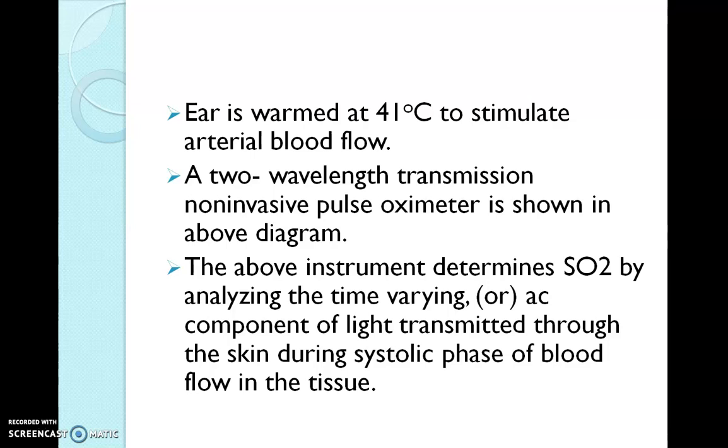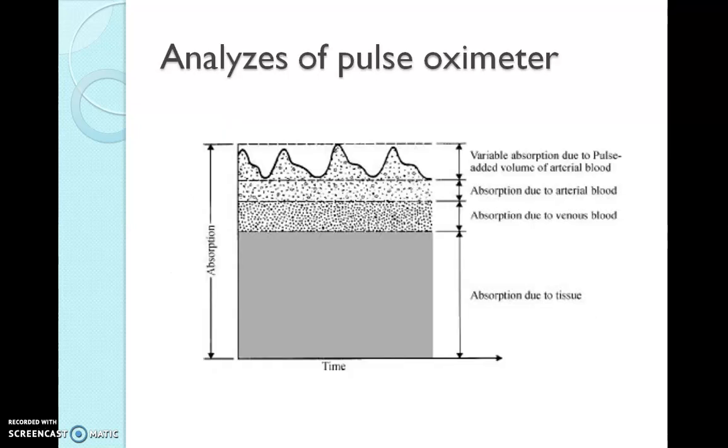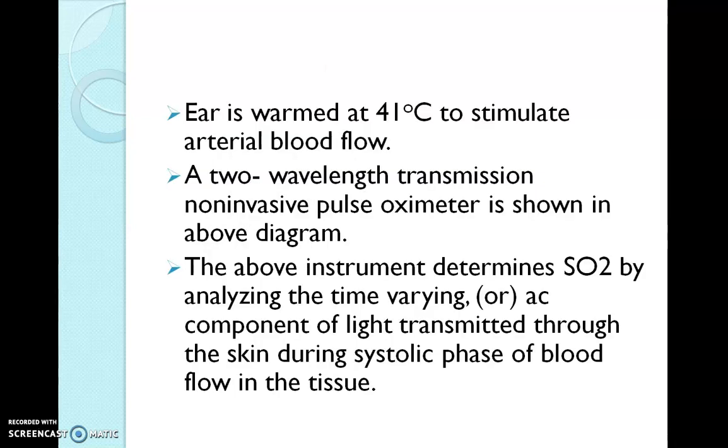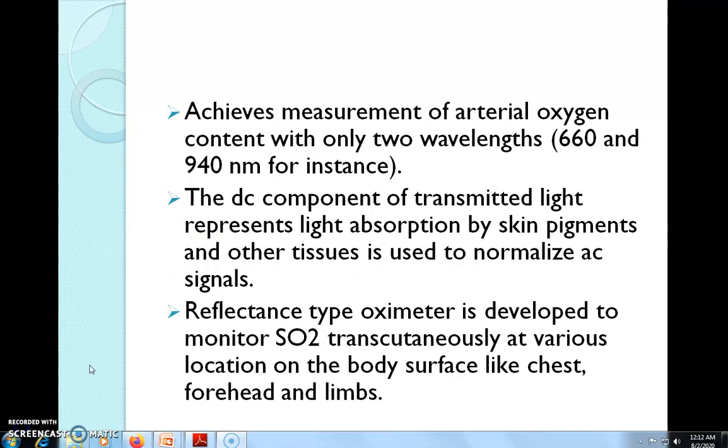A 2 wavelength transmission non-invasive pulse oximeter is shown in the above diagram. This instrument determines SO2 by analyzing the time varying, or AC, component of light transmitted through the skin during the systolic phase of blood flow in the tissue.